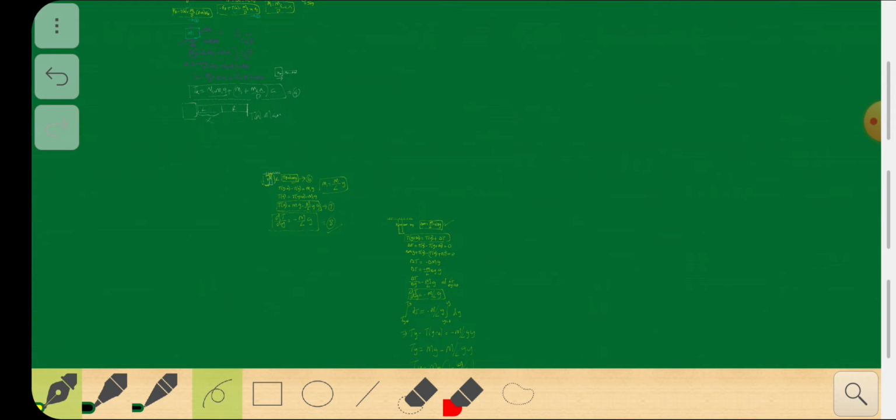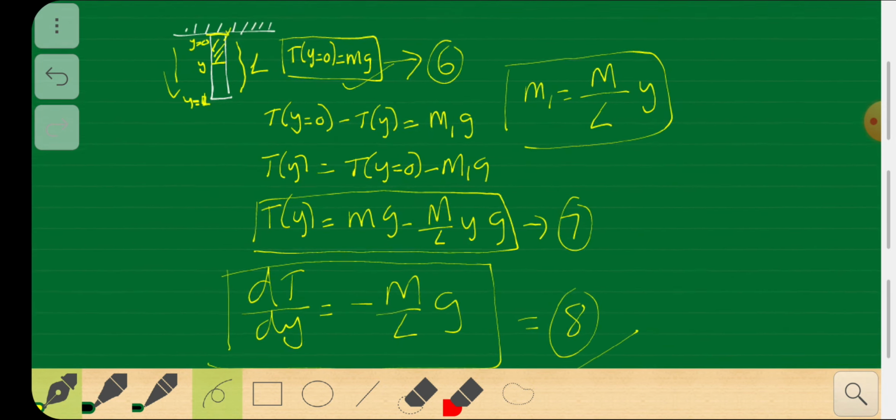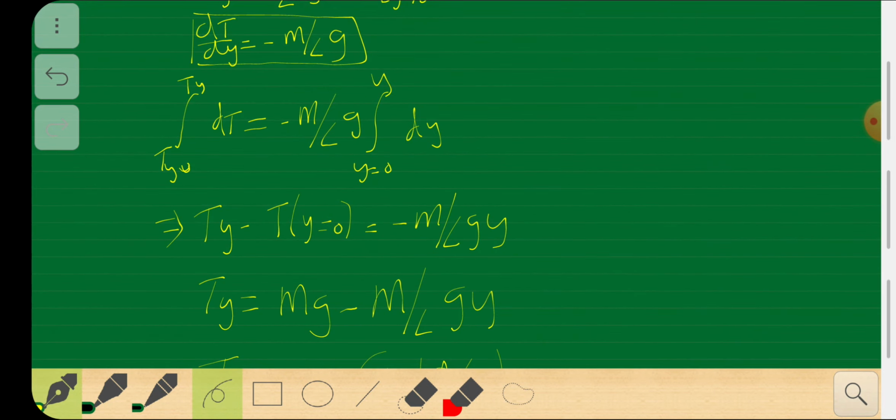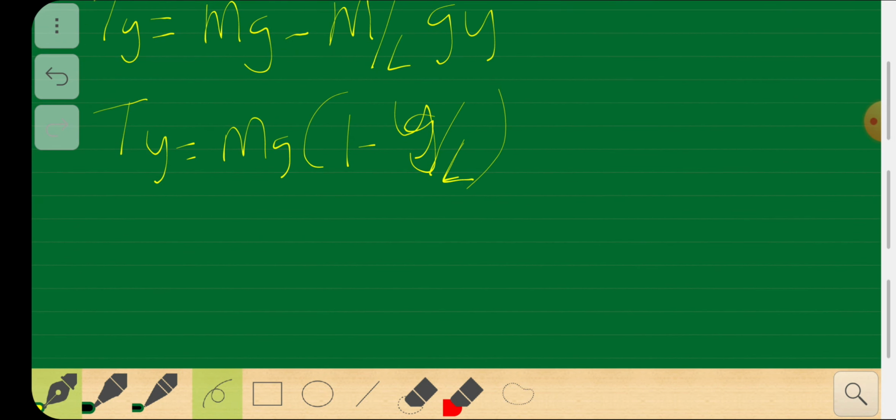So if you look back at equation 7, it is the same. Now we have used integration to find this much more easily.